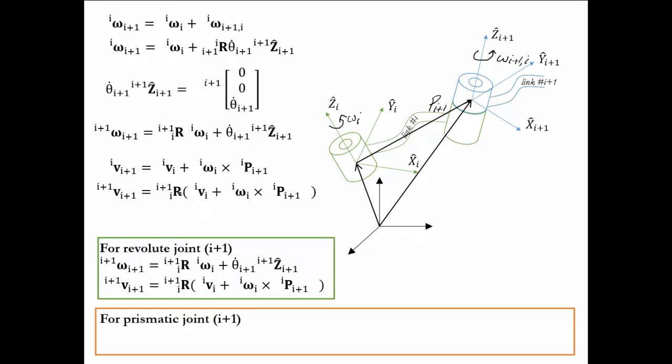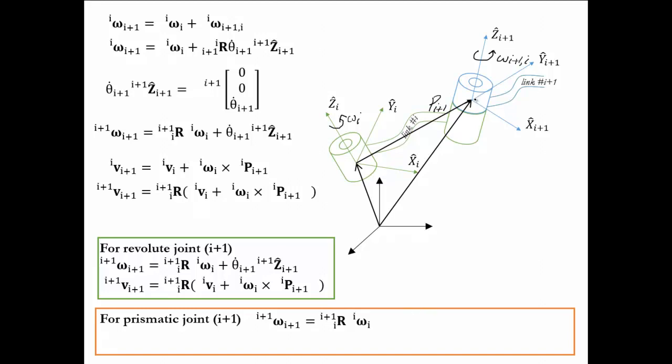Now if the joint i+1 is prismatic, which means that it will not have any rotary motion, this term goes to 0. So the angular velocity of link i+1 will equal the angular velocity of link i, just with a transformation matrix, otherwise there is no additional component.